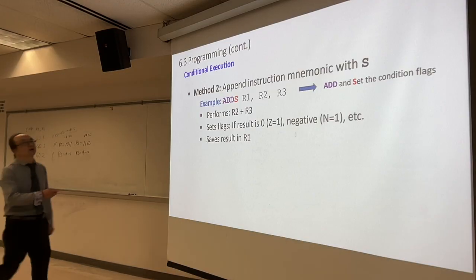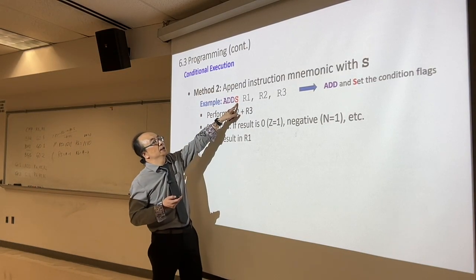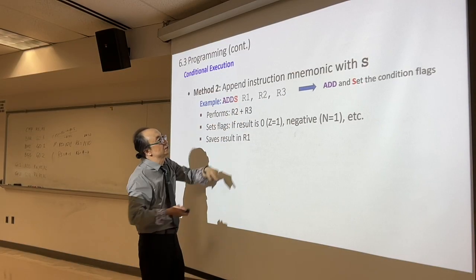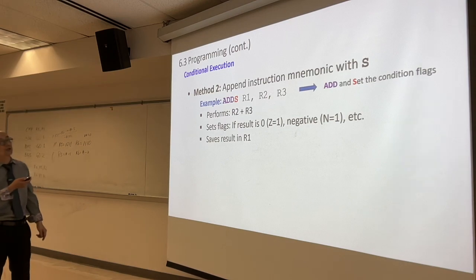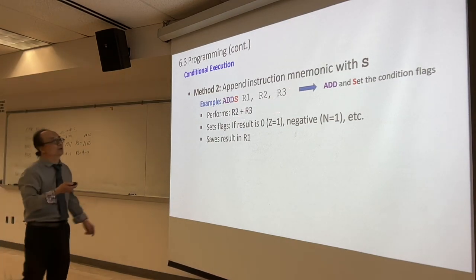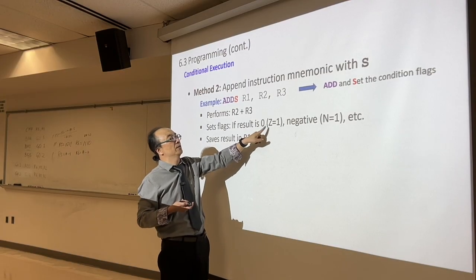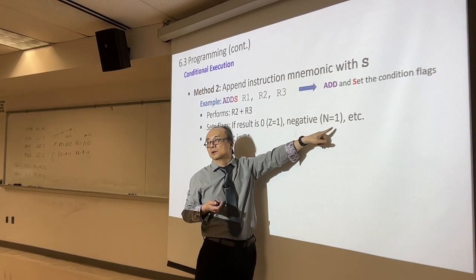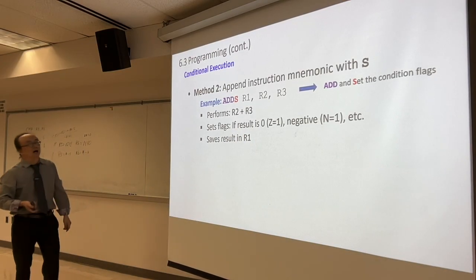And then the second method: you put S at the end, and it's called set condition flags. So when we add R2 and R3, if the result is 0, negative, or overflow, and the carry happens, we're going to set any of those flags.